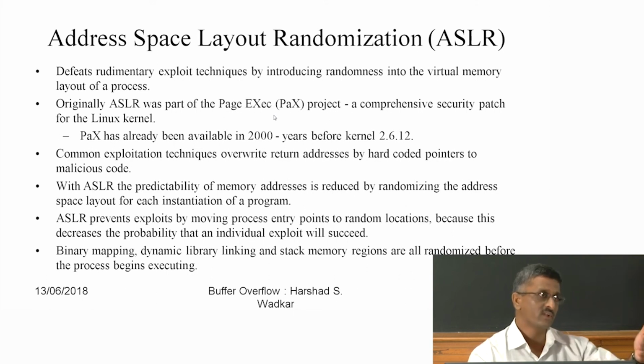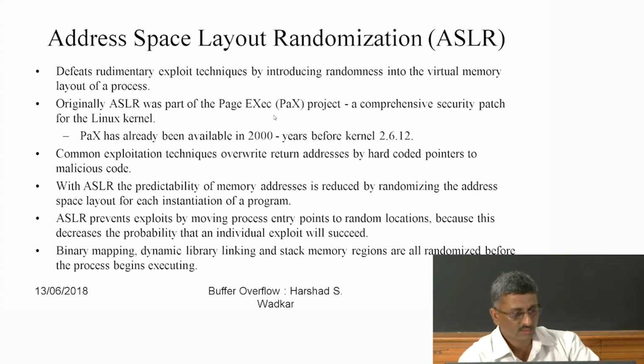Okay? Using our Linux machine, GCC and all, this is very well possible. Stack guard and all these things are different tools that we need to use with our code. ASLR we can use directly. With ASLR, the predictability of memory addresses is reduced by randomizing the address space layout for each instantiation of a program.